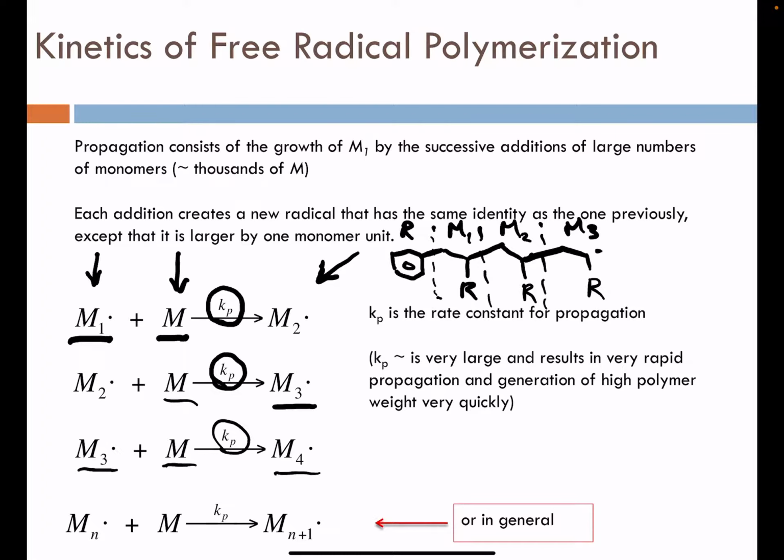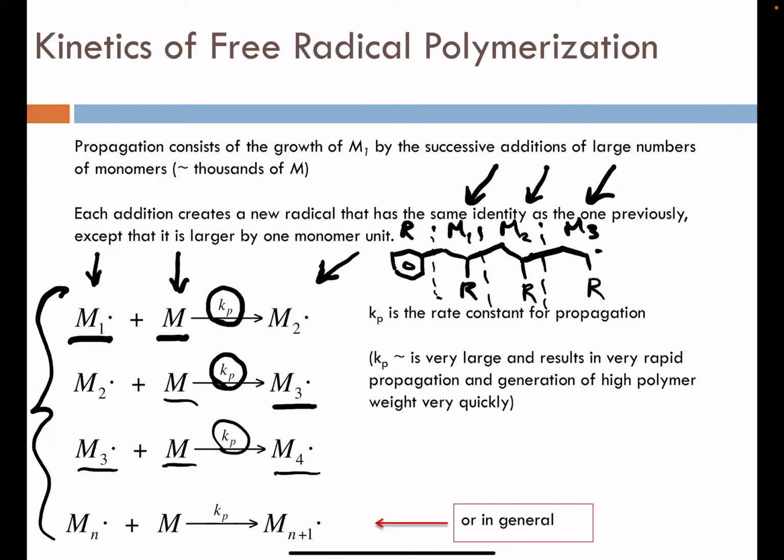So what we learn here is that since Kp is very large and not really distinguished because the characteristics of the radical at position M1, at position M2, at position M3 are about the same. The chemistry, the environment is about the same. Kp is generically very close to one another regardless of the reaction option that we're listed here. Kind of an interesting feature there of polymerization.